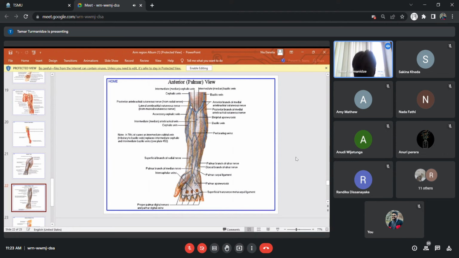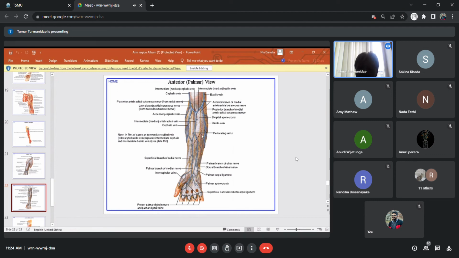The lateral cephalic vein is accompanied by the lateral cutaneous nerve of the forearm, a continuation of the musculocutaneous nerve, which innervates the skin of the lateral part of the forearm. On the medial side, the basilic vein is accompanied by the medial cutaneous nerve of the forearm, which comes from the medial cord of the brachial plexus and innervates the skin of the medial part of the forearm.